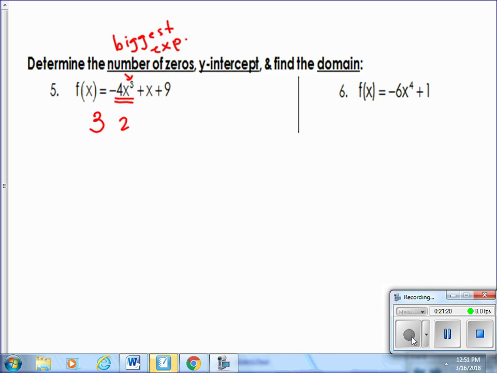So 3 zeros. Your y-intercept is going to be whatever your constant is, meaning your plain old number. So going back to this equation, my constant, the plain old number without a variable, would be 9. So 9 is going to be the y-intercept.